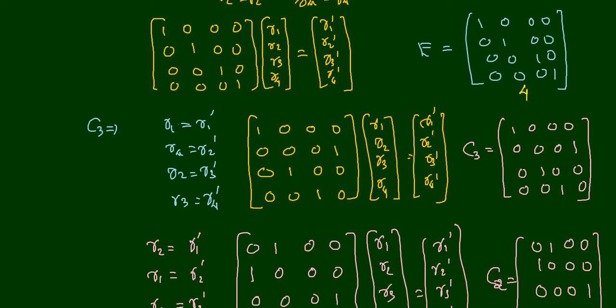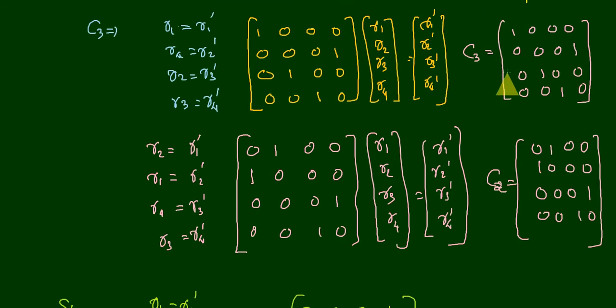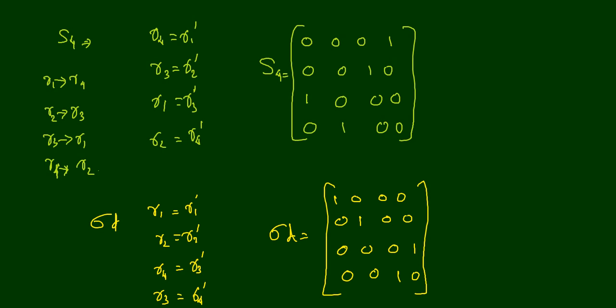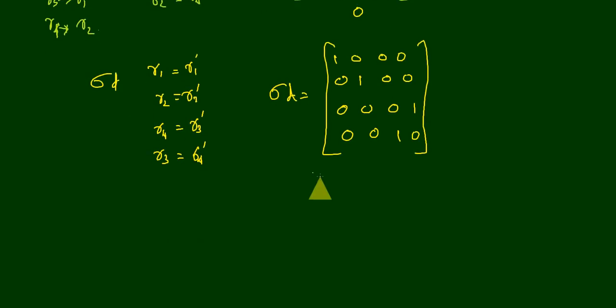And in the case of C3, the total character is 1, because only one 1 appears in the diagonal elements. And in the case of C2, the diagonal elements are 0, 0, 0, 0, so the total character is 0. And in the case of S4, the total character is 0 again. And in the case of sigma d, the total character is 1 plus 1, that is equal to 2.